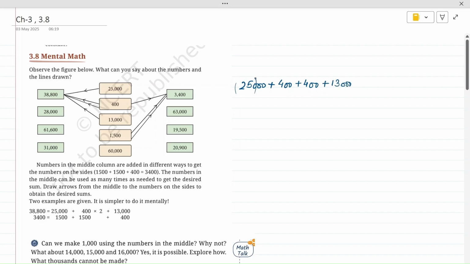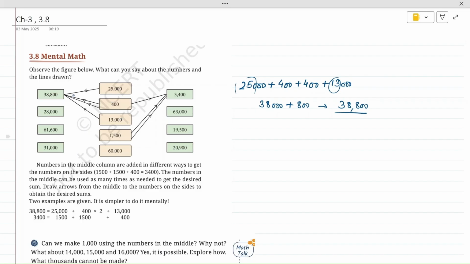So this is 25,000 plus 13,000. This will give you 38,000 plus 400 is 800, and again on adding you will get 38,800.